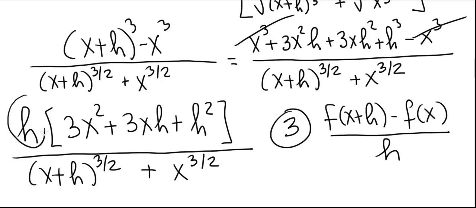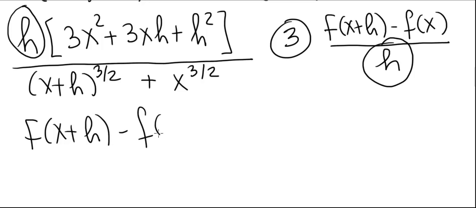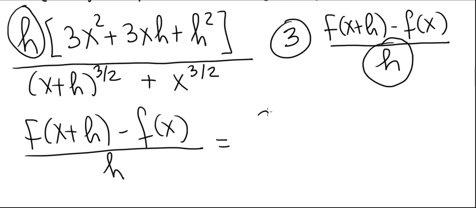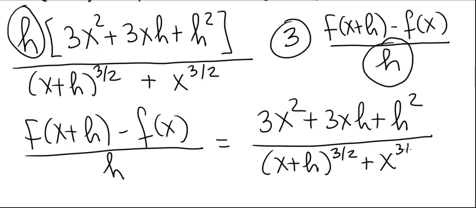This h that I'm circling is going to cancel with this h, and so the end of step number 3, that is f of x plus h minus f of x divided by h, is equal to 3x squared plus 3xh plus h squared divided by x plus h to the 3/2 plus x to the 3/2.